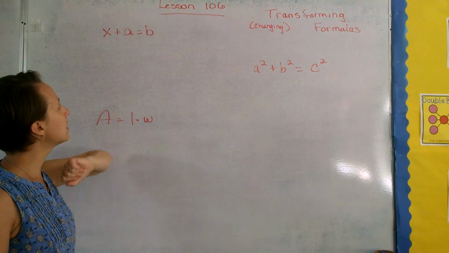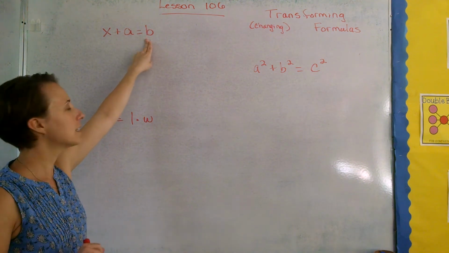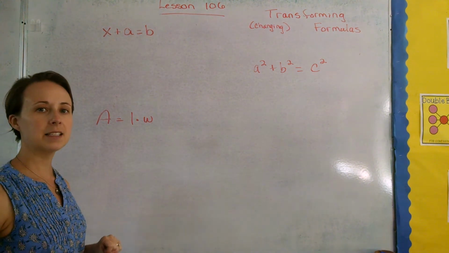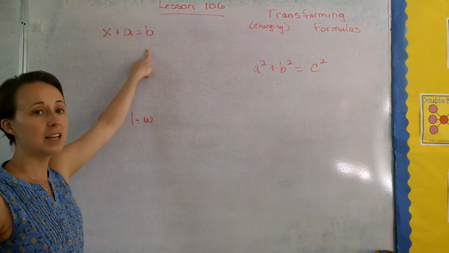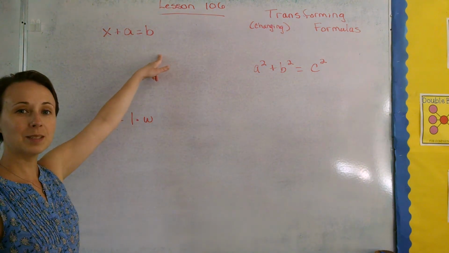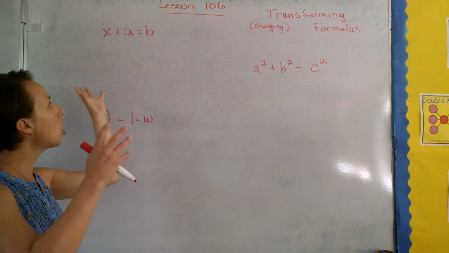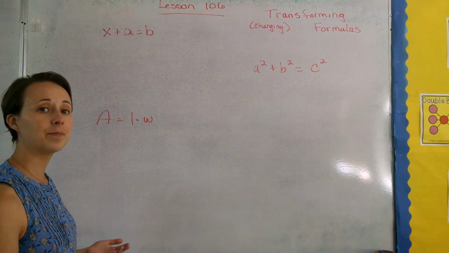And then it says it knows what A is and it knows what B is. And I need to figure out X. Today I'm going to show you how to move this around to easily solve for X. I know it would be easy to just plug in the numbers because this is an easy formula, but you also need to know how to move the terms around so you can do that with harder problems later.